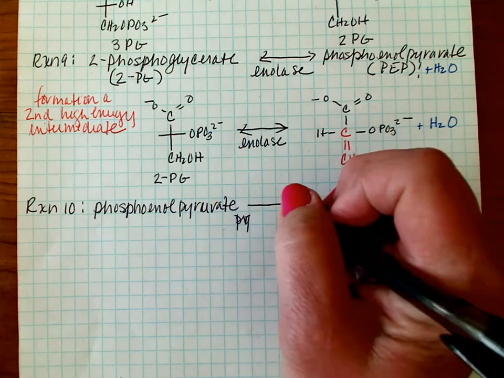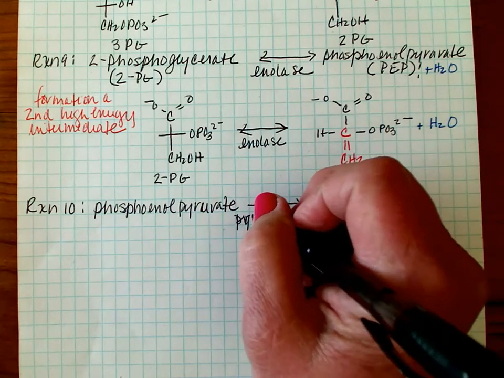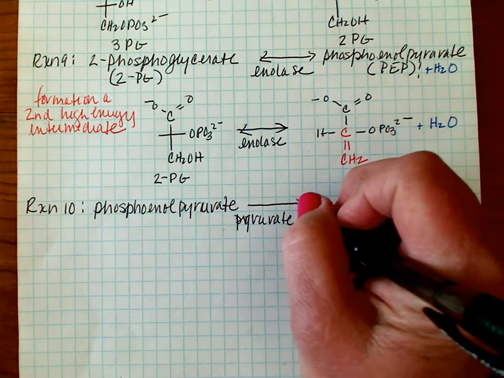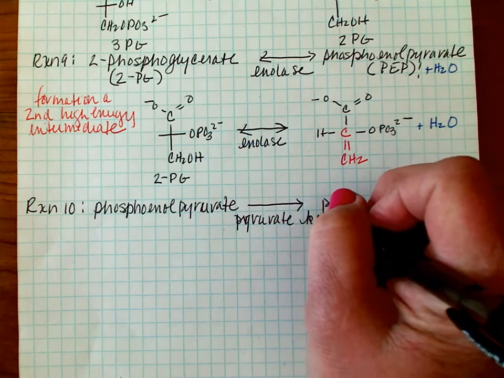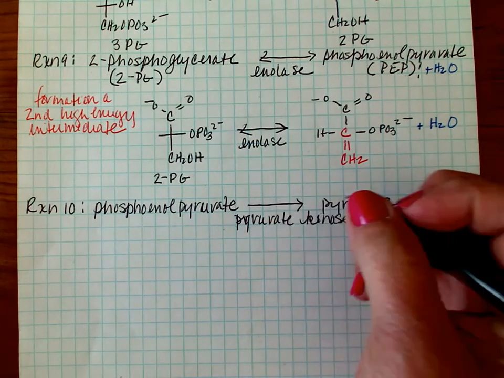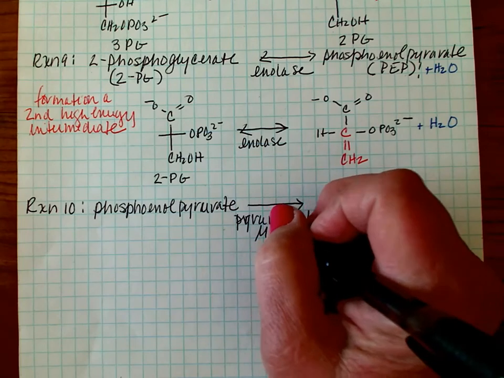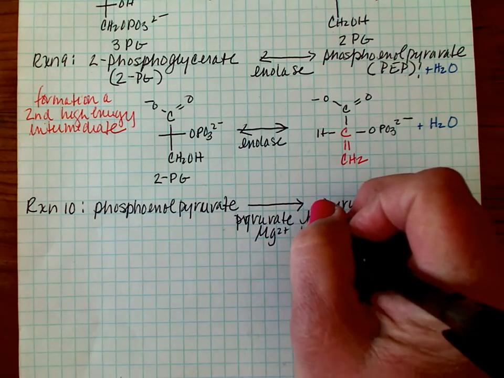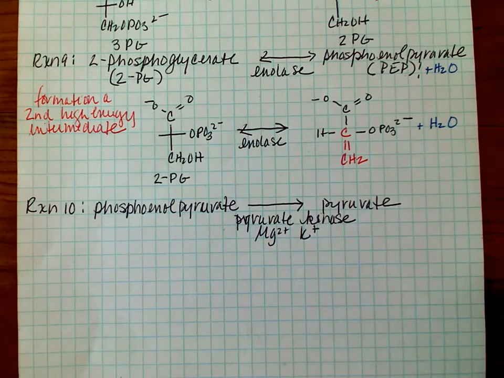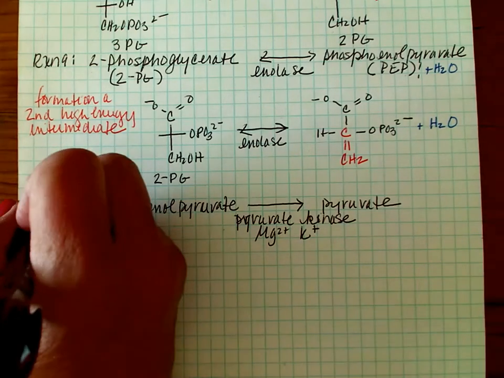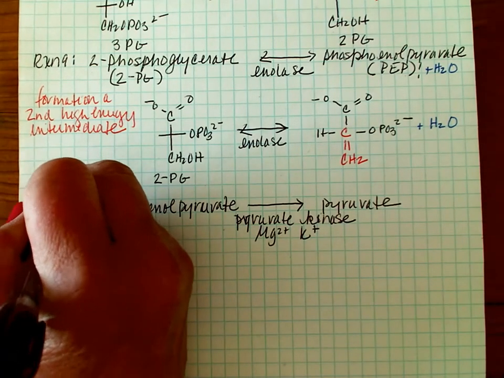Pyruvate kinase is our enzyme. It requires magnesium and potassium ions. And this is the second substrate level phosphorylation.